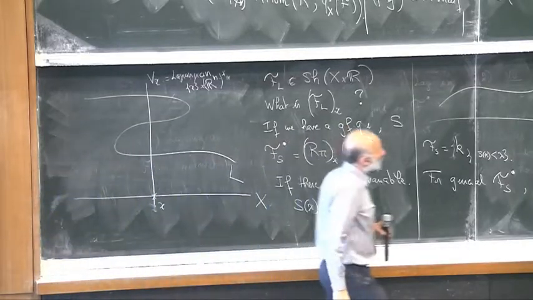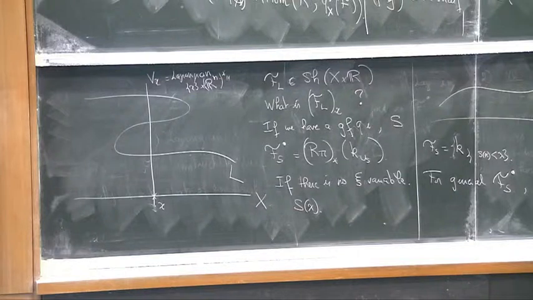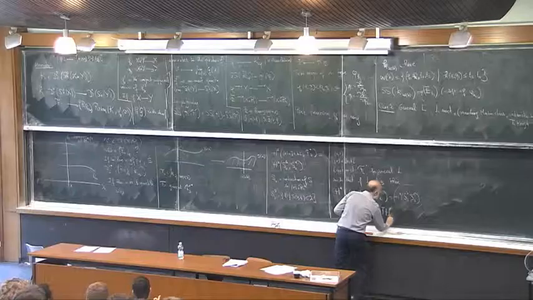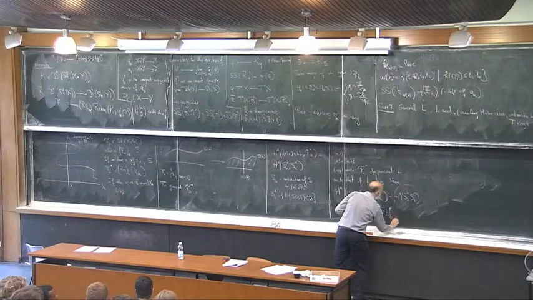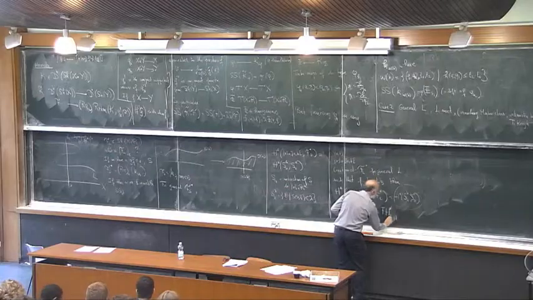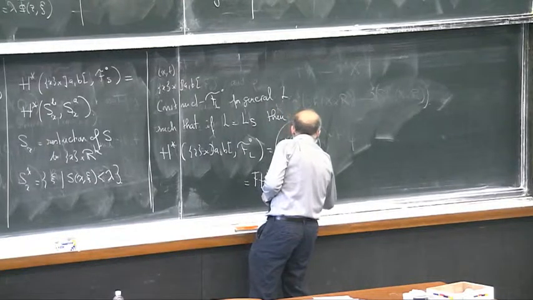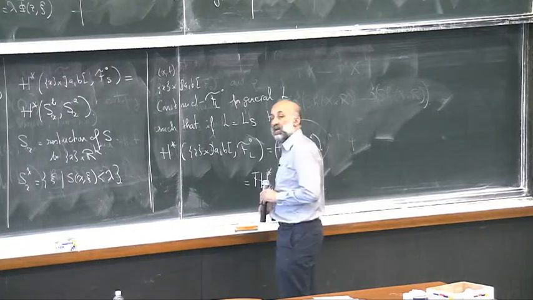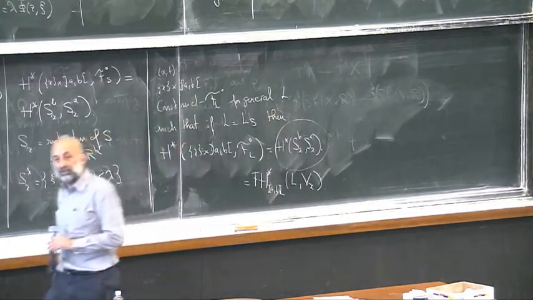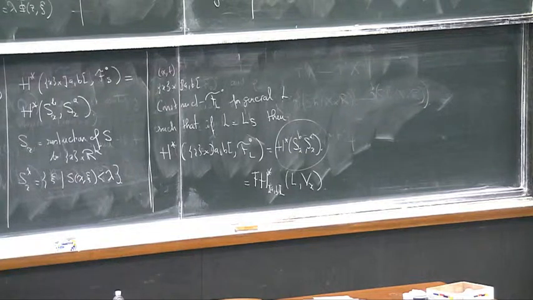And my claim is that this quantity here is in fact the Floer homology between values A and B, or I should take open sets maybe, A and B, of L intersection with V_x. So what does it mean?